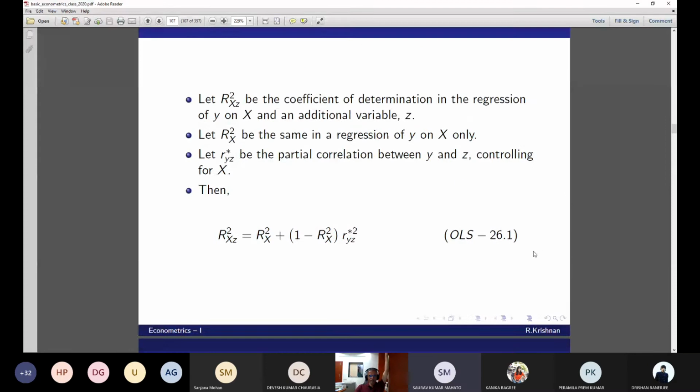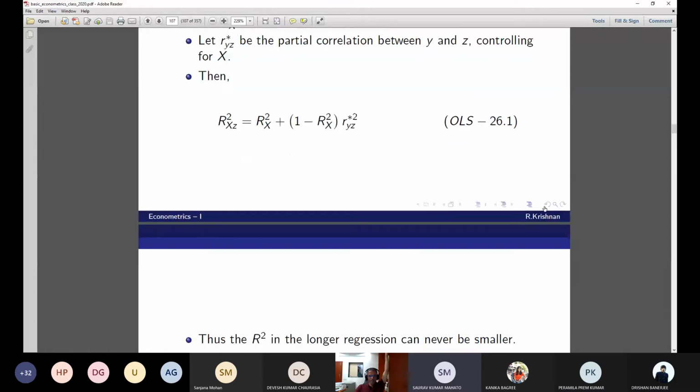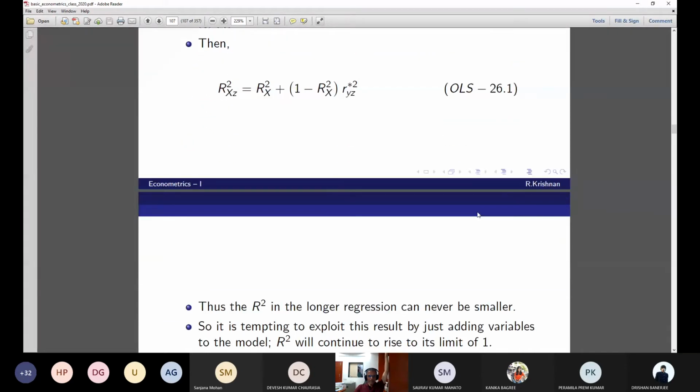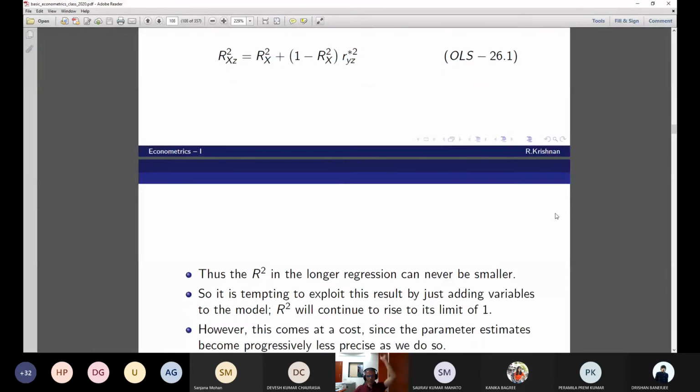I don't think I get that. See the bullet point. You have 26.1 and all these bullet points: R square xz, the coefficient of determination in the regression of y on x and additional variable z. R square x is just R square on x alone. R square xz is R square on x plus z. So I'm claiming that R square in the longer regression, that is R square xz, can never be smaller than R square x. Do you get it from 26.1? That is the question. Yes, sir.